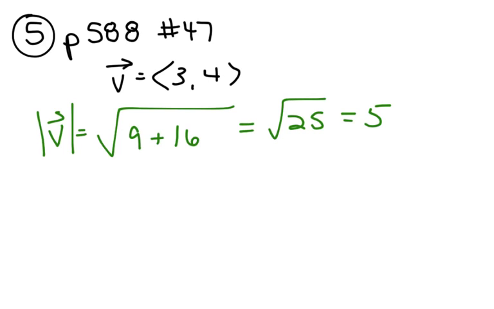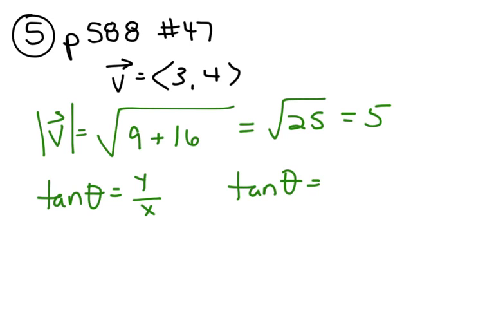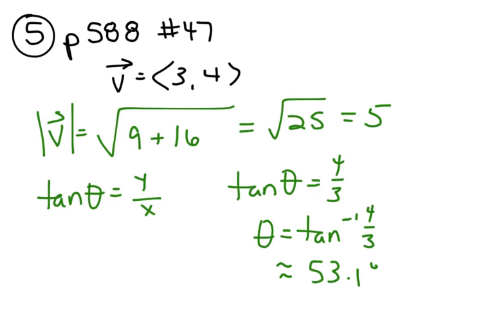To find the direction, though, we're going to use a similar formula to the one we used when we talked about polar coordinates. We're going to do the tangent of theta is equal to y over x. So the tangent of theta is 4 over 3. So we're going to find this by doing the inverse tangent of 4/3. And we're just going to round the angle to the nearest tenth, which is usually a good thing to do. We're going to find out that it's 53.1 degrees.